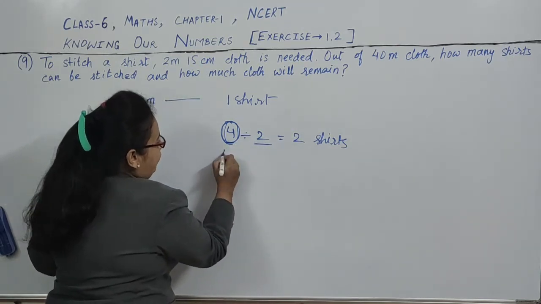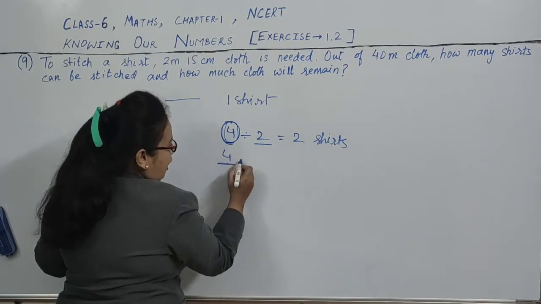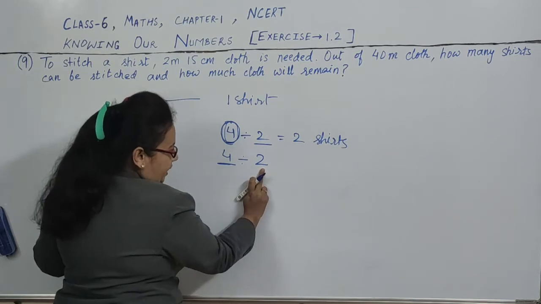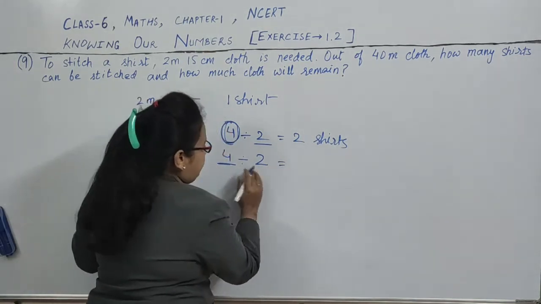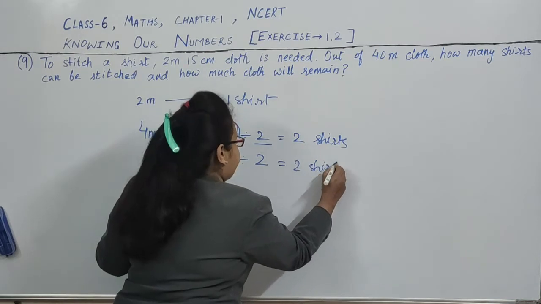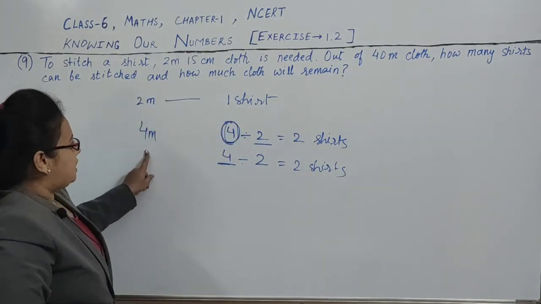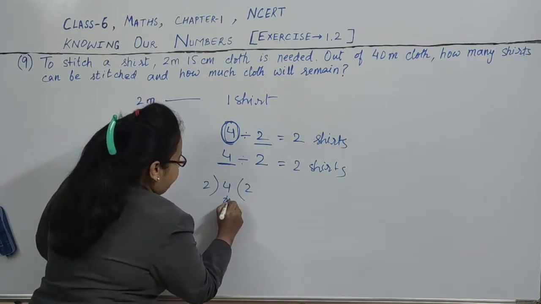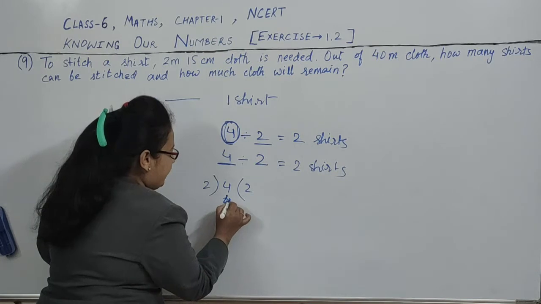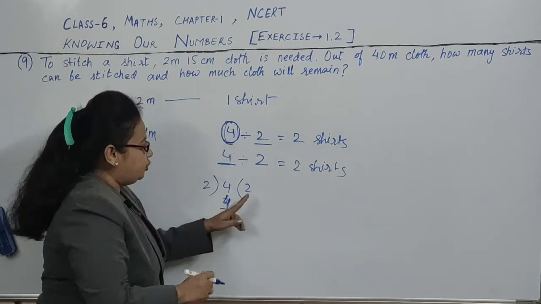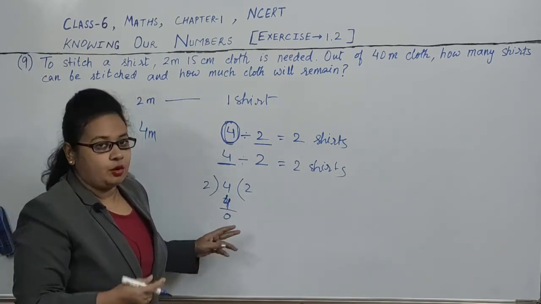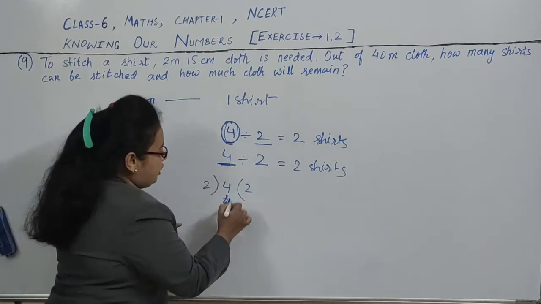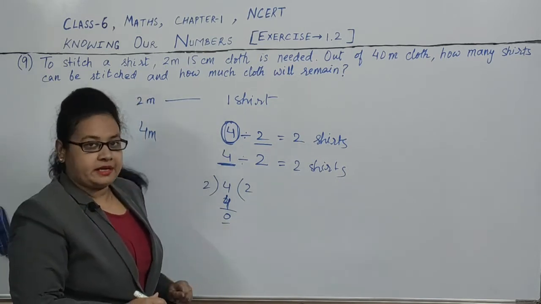So we divide the total cloth by the cloth needed to stitch one shirt, which gives how many shirts can be stitched. The remainder is 0, so after stitching 2 shirts in 4 meters, no cloth will remain.